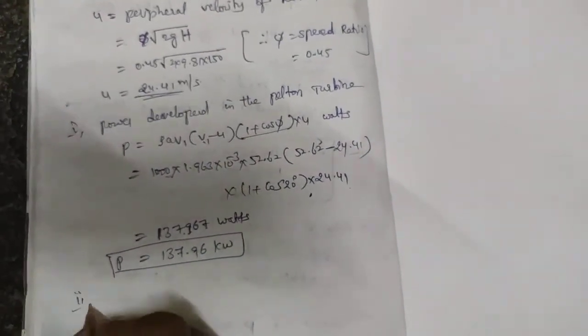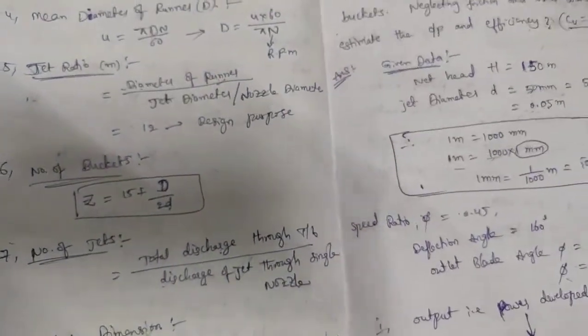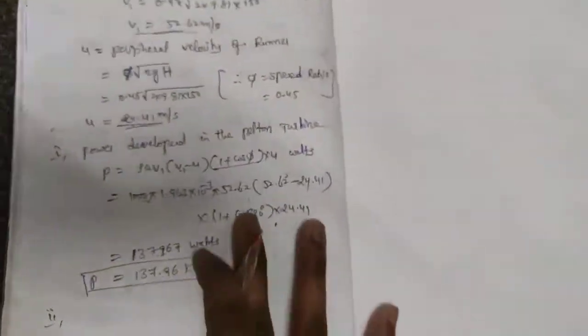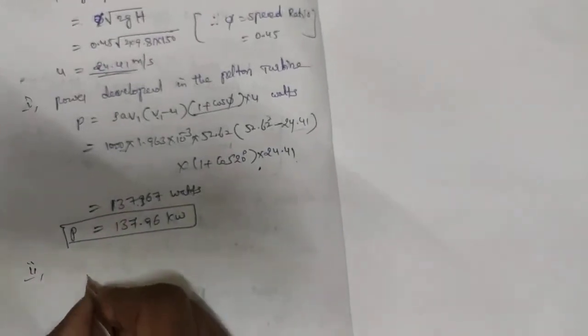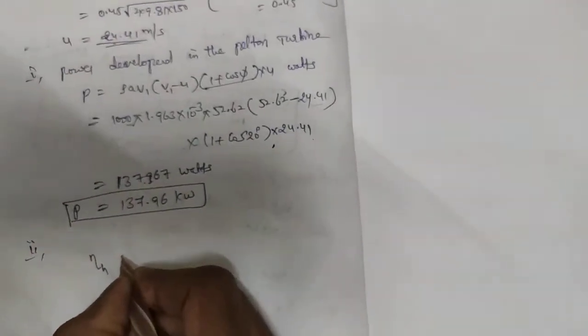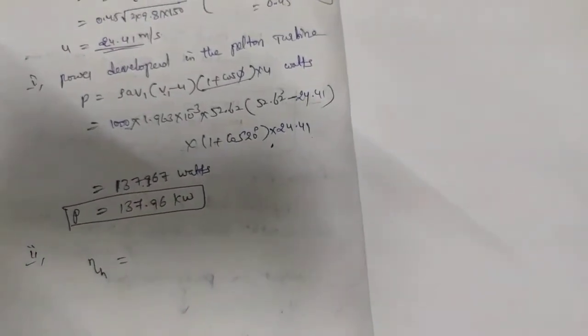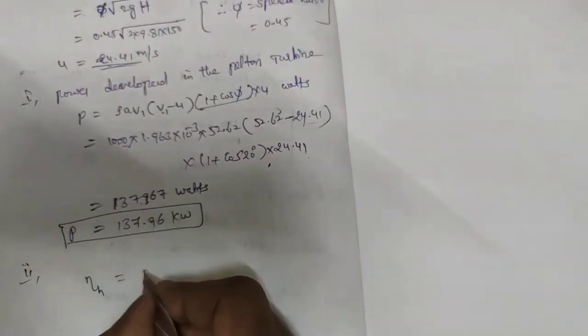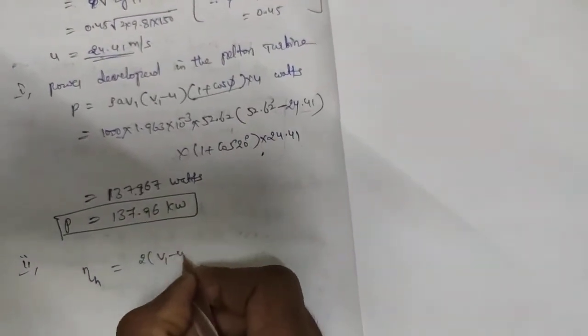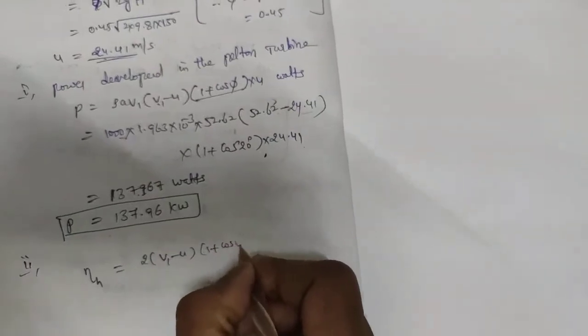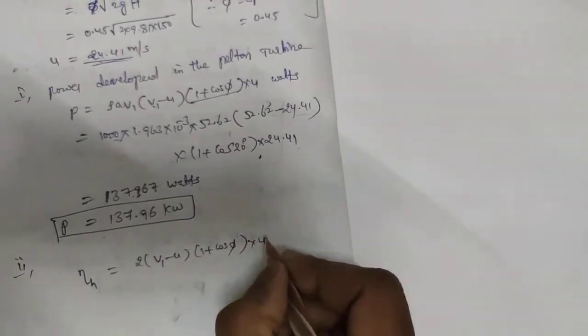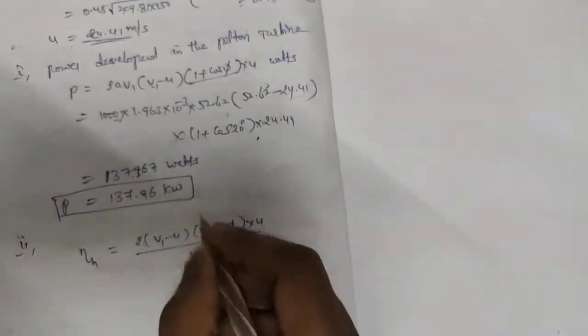And the next thing, we need to calculate efficiency, that is hydraulic efficiency. The hydraulic efficiency formula is 2 into (V1 minus U)(1 plus cos phi) into U by V1 square.